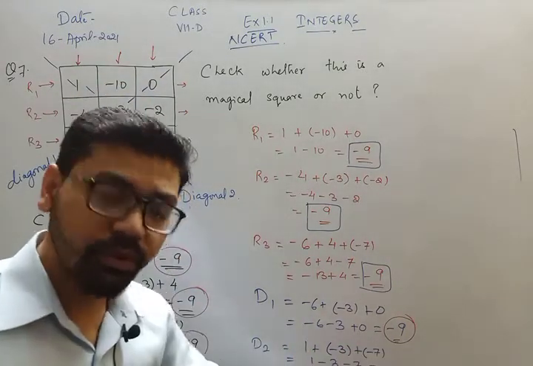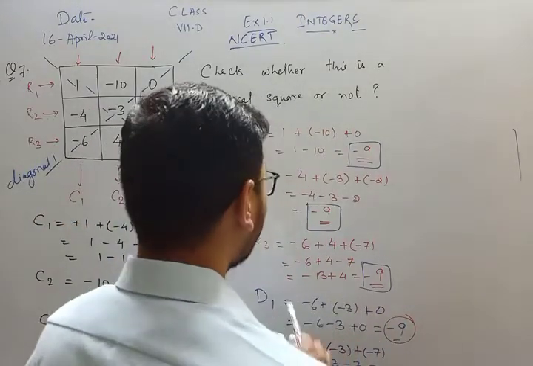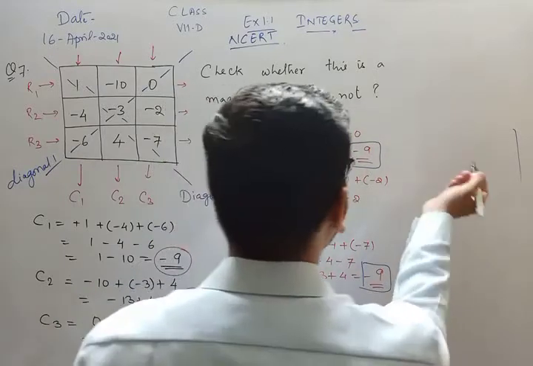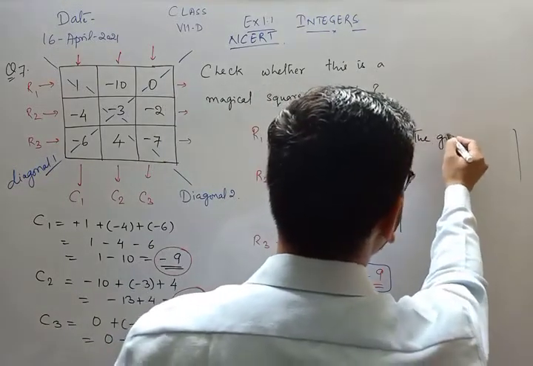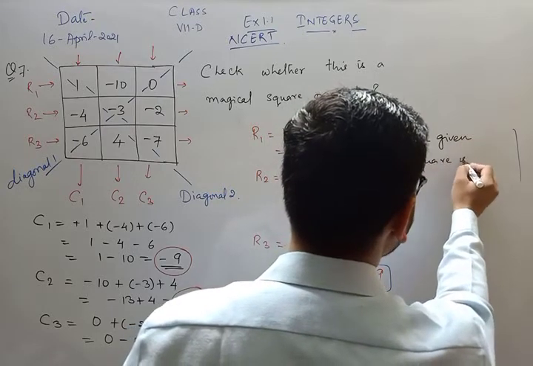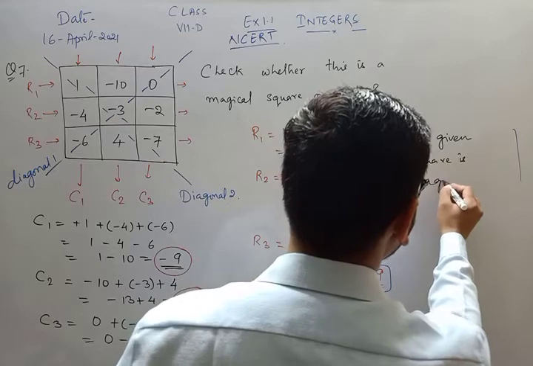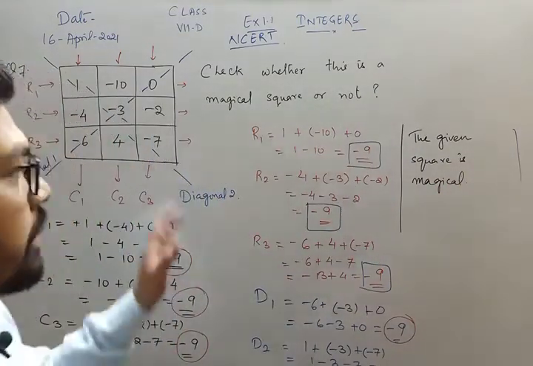Similarly for D2. So on this basis, I can say that the given square is magical. जो given square है वो क्या है आपका? Magical है. That the given square is magical.